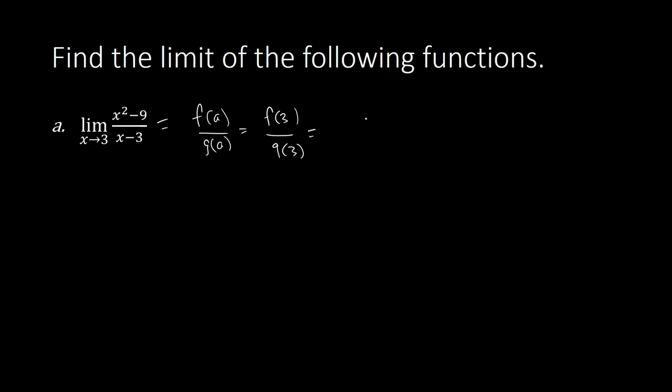And what we have here is 0 over 0. So this is an indeterminate form. And so you cannot yet conclude that the limit is 0 or the limit is 1. So do not rush into saying 0 divided by 0 is 1. That is not true.